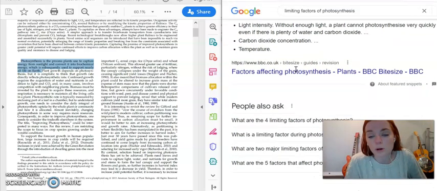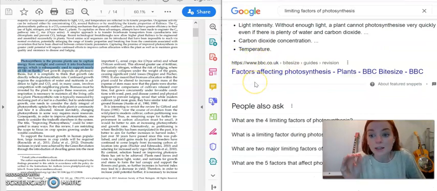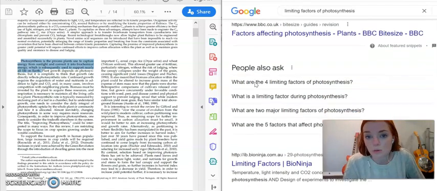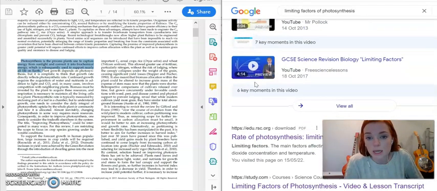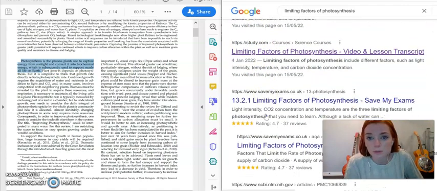Now I want to point out that things like bbc.co.uk, that's good for you to get an understanding, but that's not a really reputable reference. So if I keep scrolling down, then I find things like these PDFs from this education place that I've looked at before.